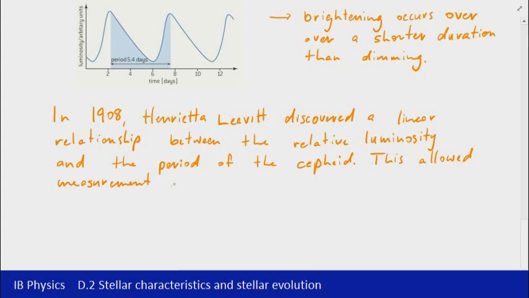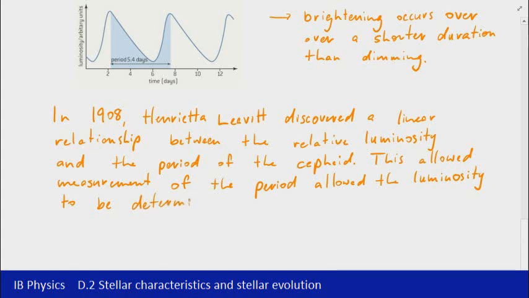So the measurement of period allowed the luminosity to be determined. That made it much easier to determine the luminosity without having to figure out any other properties.